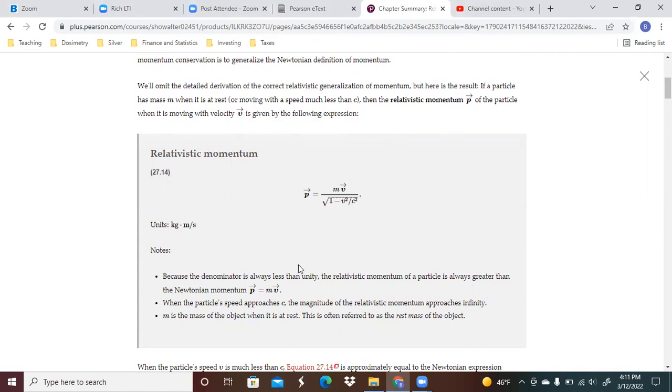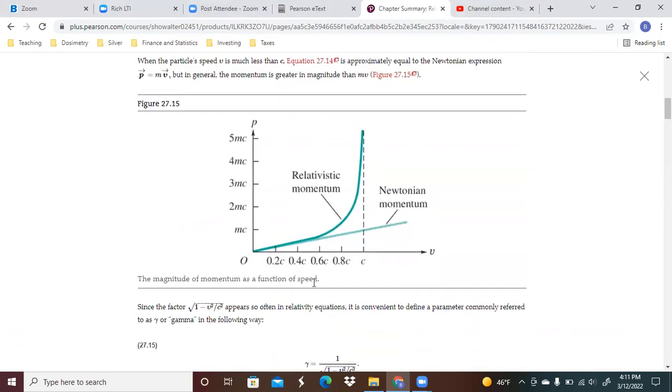The relativistic momentum of a particle is always greater than the Newtonian momentum. So when particle speed v is much less than c, it's approximately equal to the Newtonian expression. If you look at the magnitude of momentum as a function of speed, if you let the Newtonian momentum be your definition here, you're going to end up with a variance of what you measure for momentum than if you use the relativistic definition.